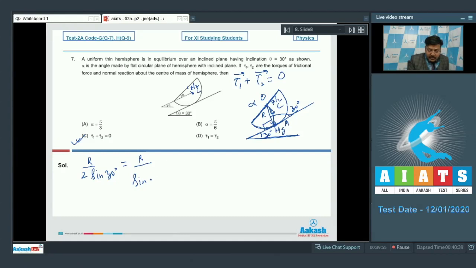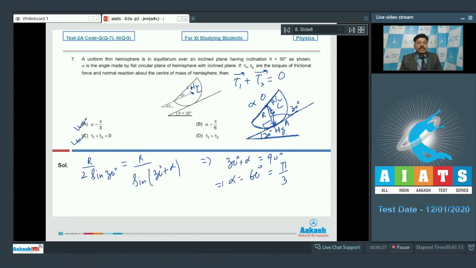So that means sine of 30 degrees plus alpha is 1, and that means 30 degrees plus alpha will be 90 degrees, which gives us alpha as 60 degrees, which is equal to pi by 3. So that means option A is also correct for question 7.